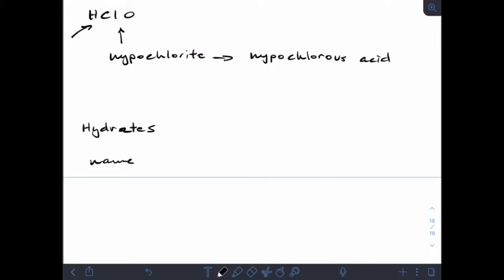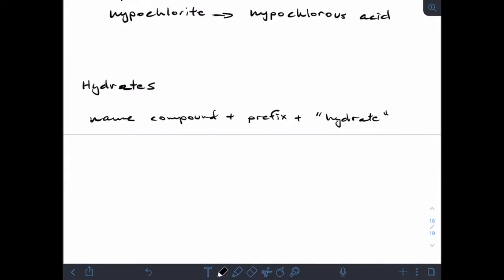So the normal name of the compound plus a prefix plus hydrate. Now, the prefix part tells us how many waters there are. So if I have a compound that looks like this, I'll have CoCl2, and we'll see a dot, like a multiplication dot, 6H2O.